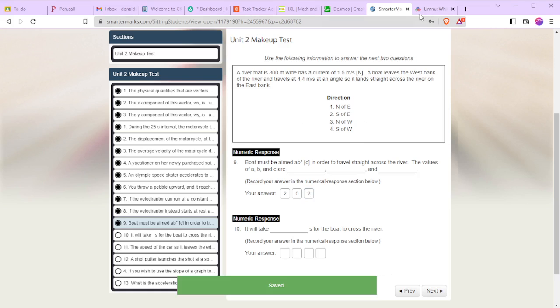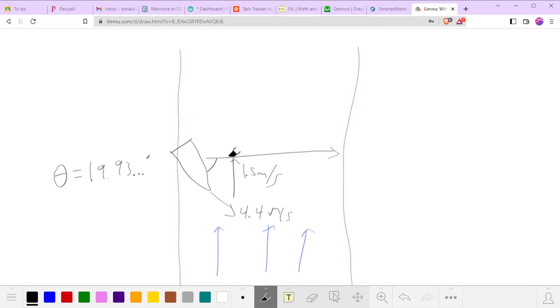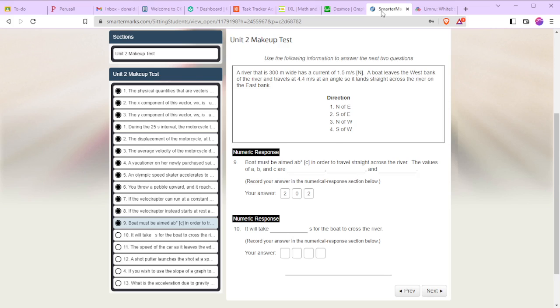And how long will it take for the boat to cross the river? Well, for that we need the horizontal component. So that's 4.4 times the cosine of our answer. We could also do it by taking the Pythagorean theorem, 4.4 squared minus 1.5 squared. The calculator agrees that it's 4.136423576 meters per second in that easterly direction.